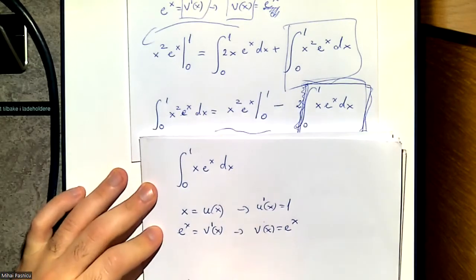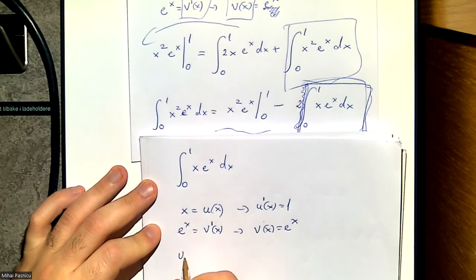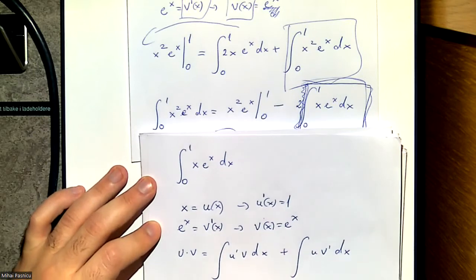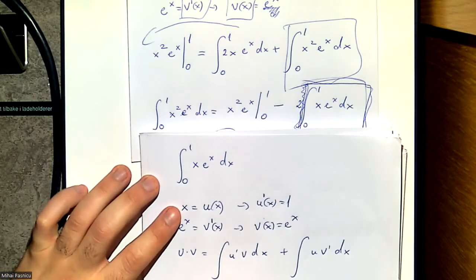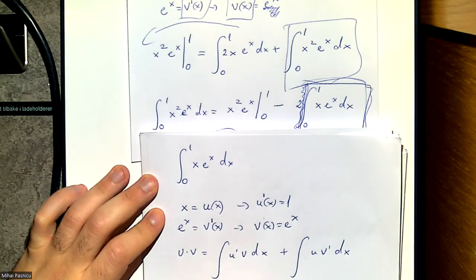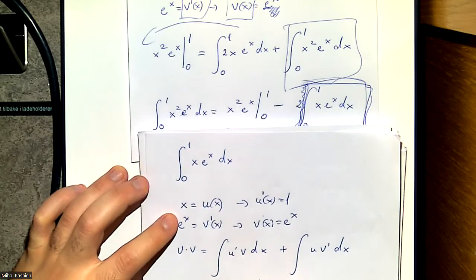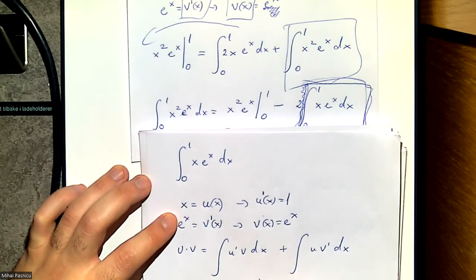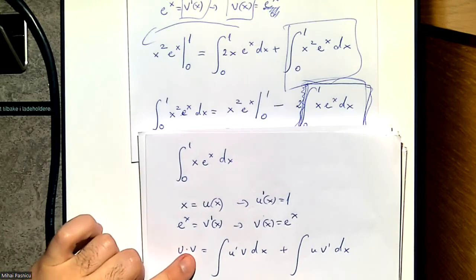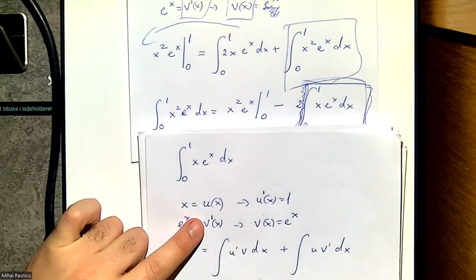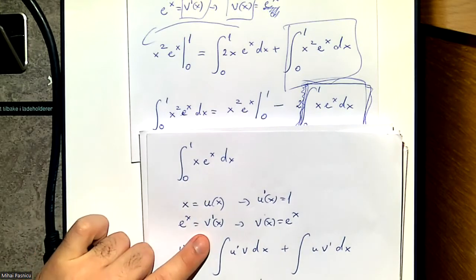Okay. Now, I just applied the formula. I'm going to write the formula again: uv equals integral of u prime v dx plus integral of u v prime dx. So I can just replace, and I get uv, so x e to the x from 0 to 1 is equal to the integral from 0 to 1 of u prime, which is 1, times e to the x dx, plus the integral of u, so that's x, times v prime, that's e to the x.